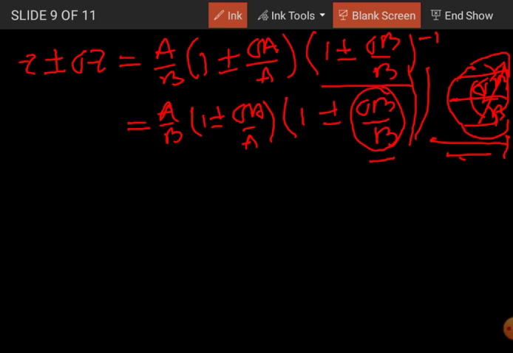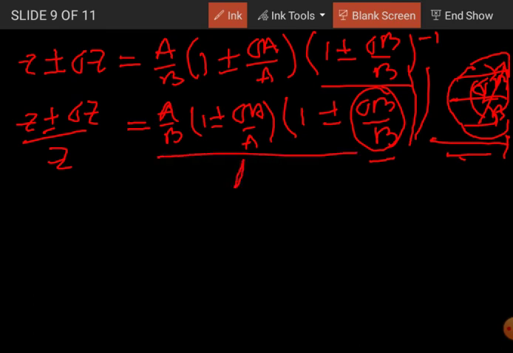Then what happened? If you divide the whole equation on both sides by z, then on the left hand side it will be delta z by z, plus minus. On the right hand side, z is equal to a divided by b, right?